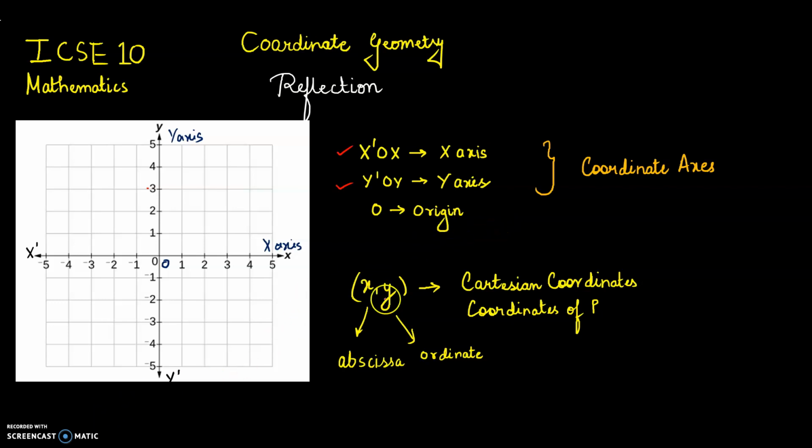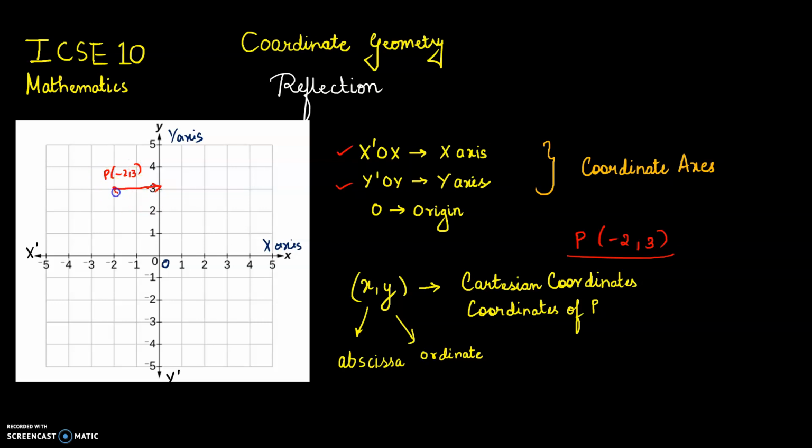Now, x, y are called the Cartesian coordinates or the coordinates of P. P is the point that we can take or assume. X is the abscissa and y is the ordinate. Let me just take a point P minus 2, 3. If we plot this in coordinate system, this is P minus 2, 3.